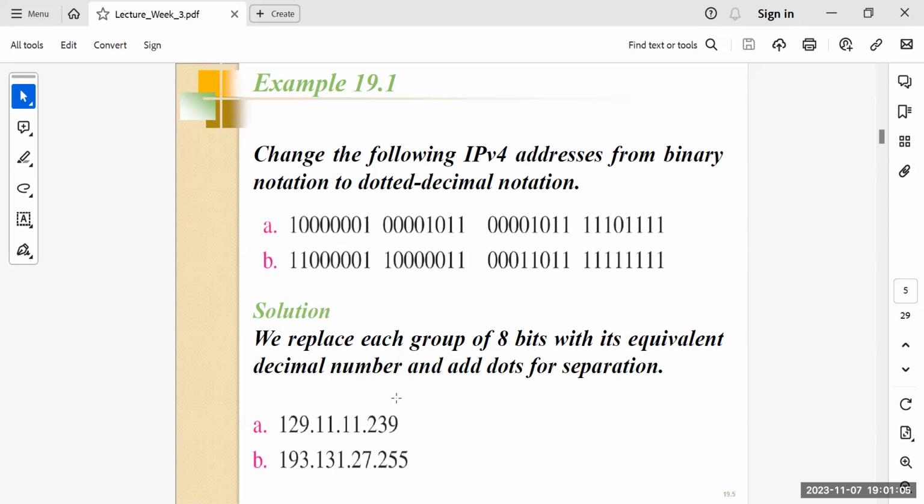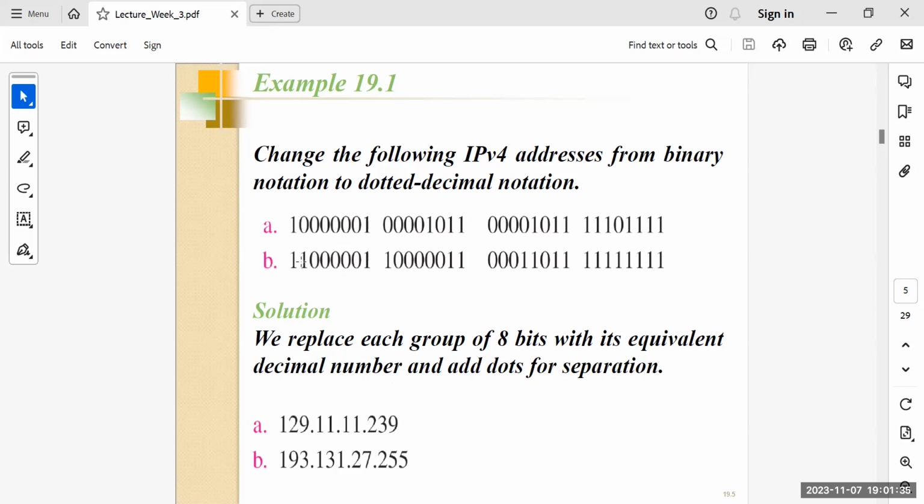If the number is complex in the sense that it is not easy to compute without a calculator, you can use a calculator, but make sure that you consider the 8 bits only. You don't have to consider more than 8 bits. So these 8 bits correspond to 129, this corresponds to 11, this corresponds to 11, and this corresponds to 239. So this is the IP address of whatever device there is in the network.